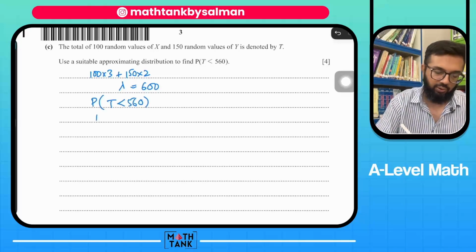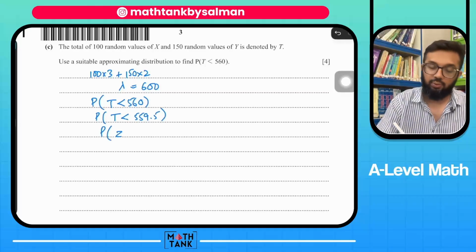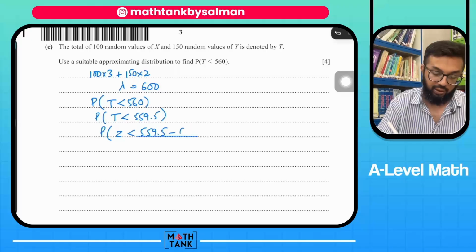So if I'm using a normal distribution, I must first do continuity correction. 559.5 converted to z: 559.5 minus 600, divided by root of 600.